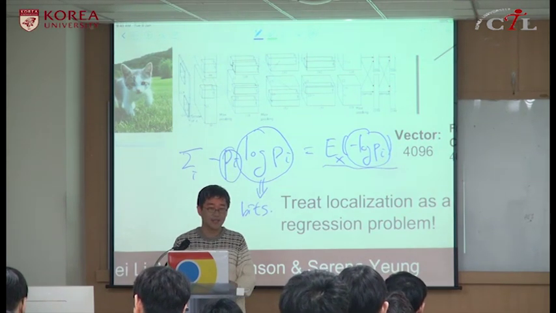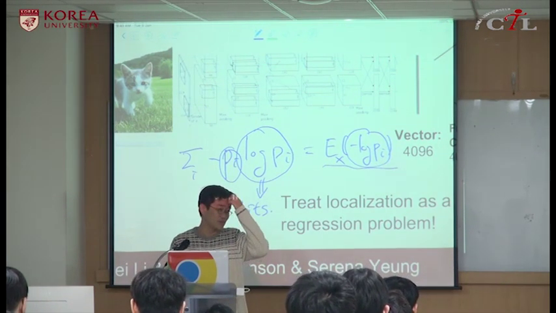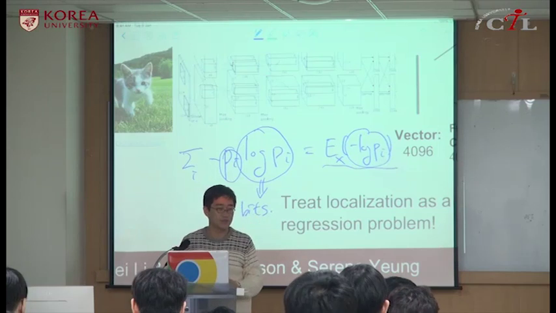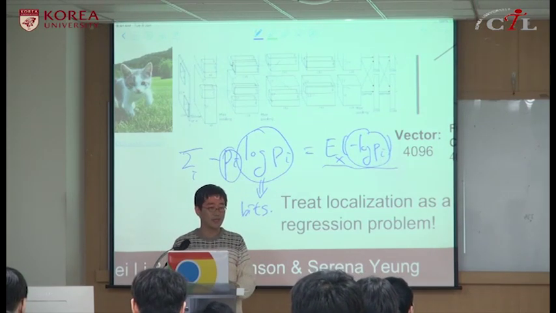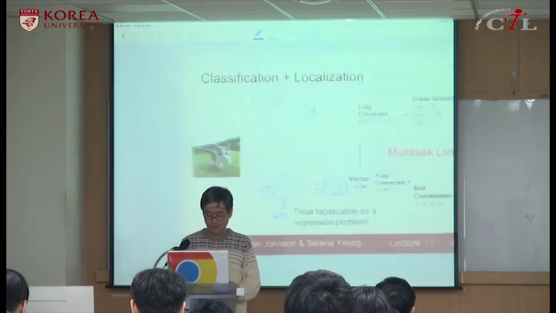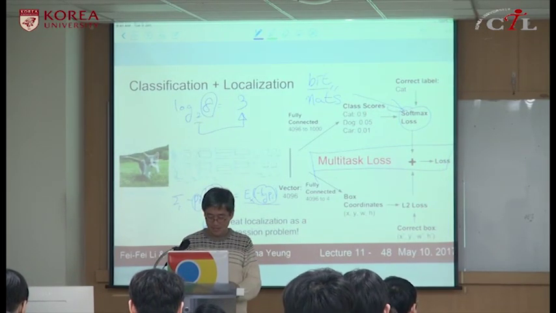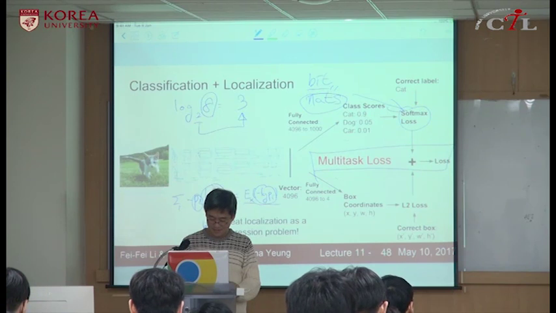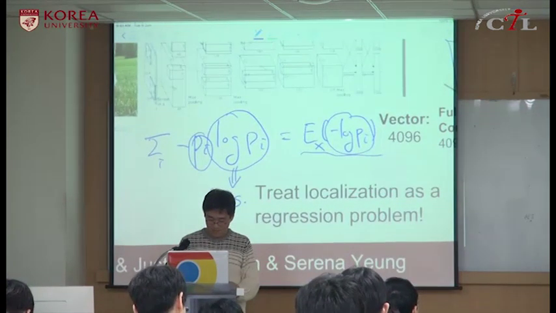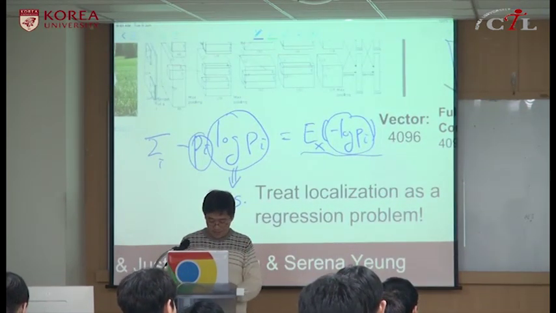So entropy, cross entropy, and the softmax loss all involve this log, so they can be viewed as having the unit of bits. And what is a nat?